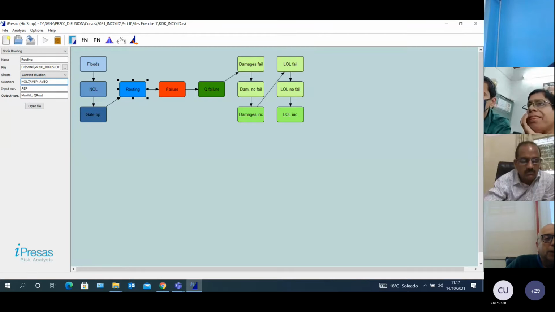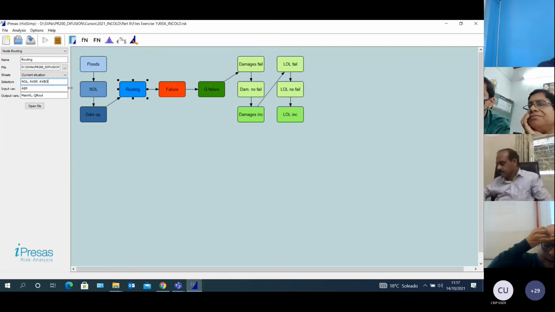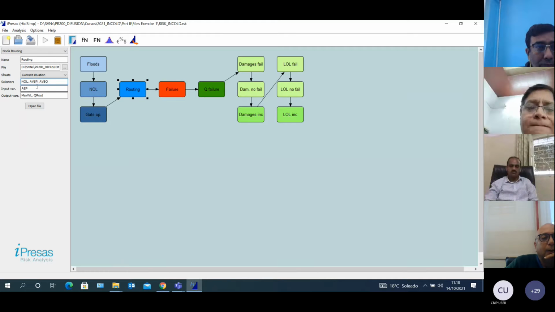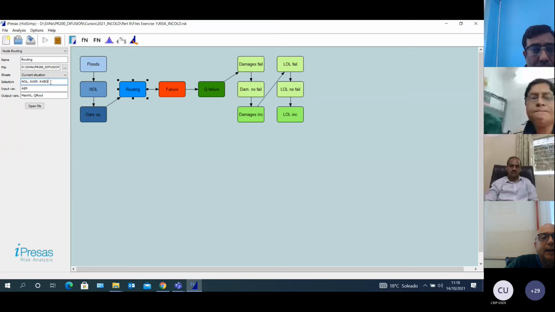So the software knows that when understanding the outcomes of the routing, it has to care about the normal operating level, but also the number of available gates at the spillway and available gates at the bottom outlet.